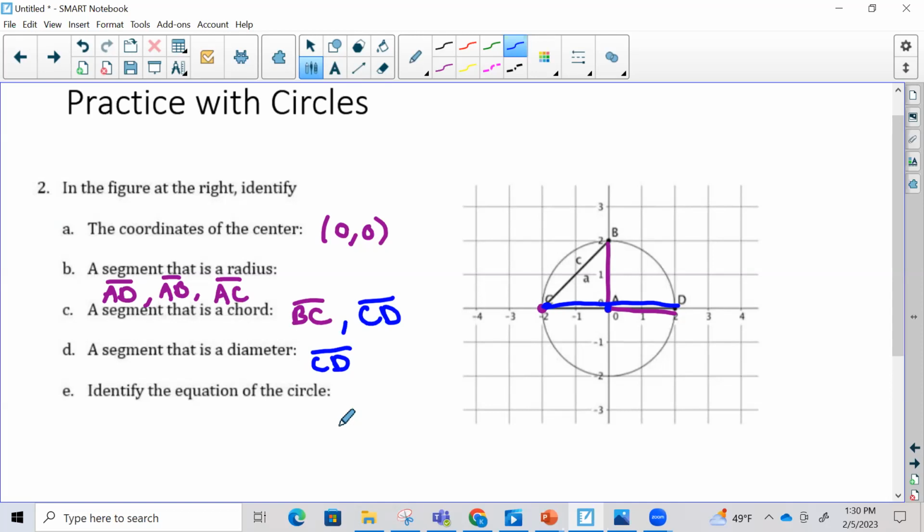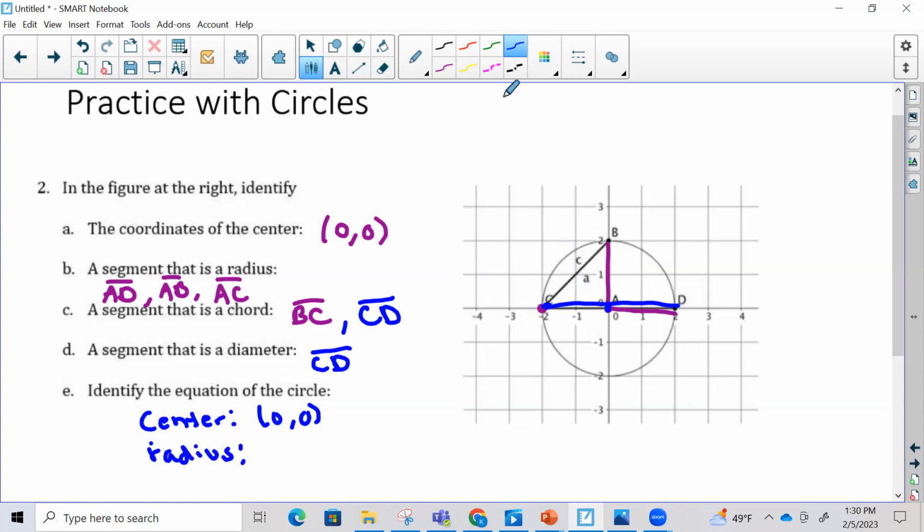And then we have to identify the equation of the circle. For the equation, we need the radius and the center. We already found the coordinates of the center, which is 0, 0. But then we need the length of the radius.